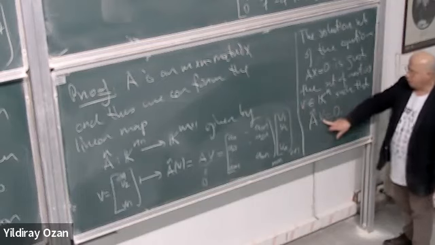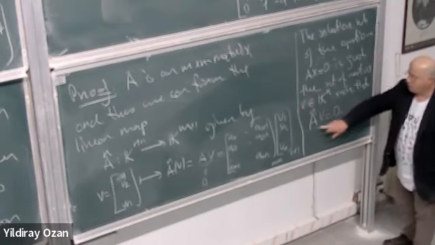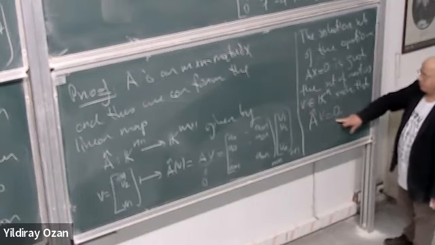Well, what is the set of all vectors for which this linear map is 0? It is nothing but the kernel of A hat, right? So the solution set is nothing but the kernel of this linear map.